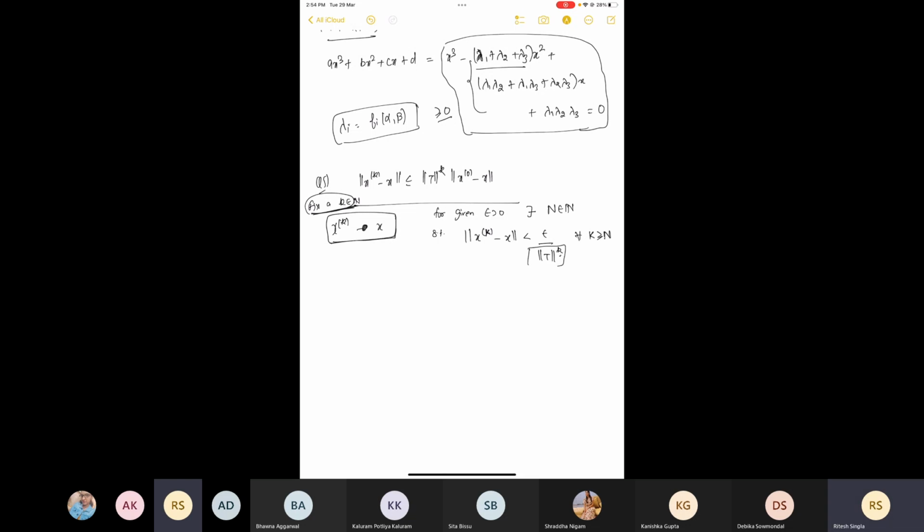You will see why I'm using this t power k here, but at least if I just write this one, then it makes sense, right? This is the definition of convergence, that some sequence is converging in some norm, isn't it? Yes, sir. Okay, so let us do this then. Okay, maybe I'm doing something fishy.